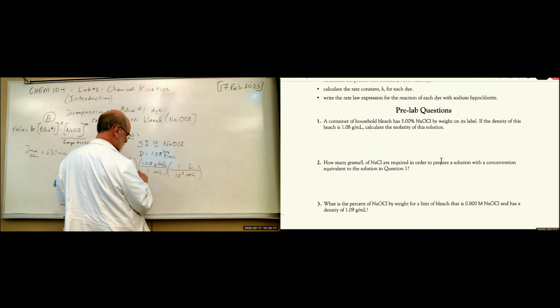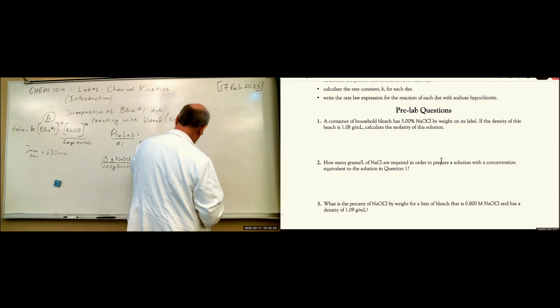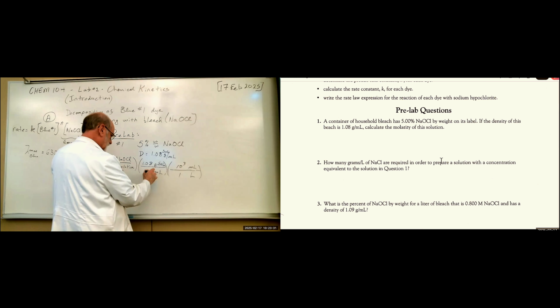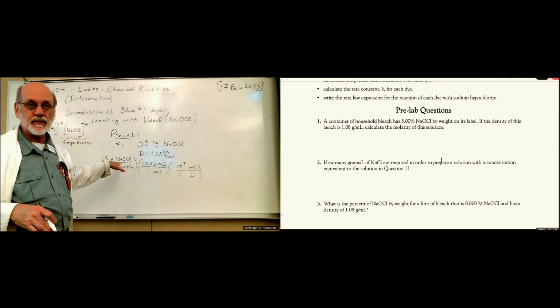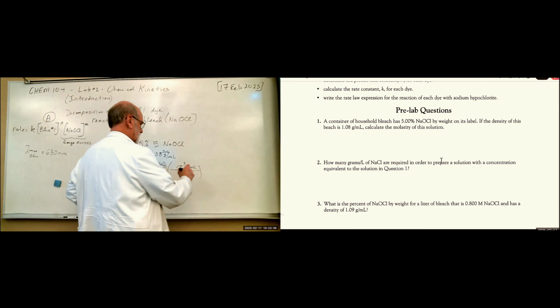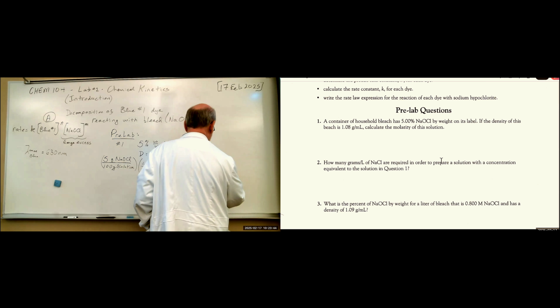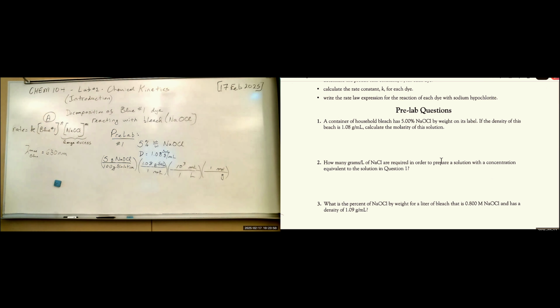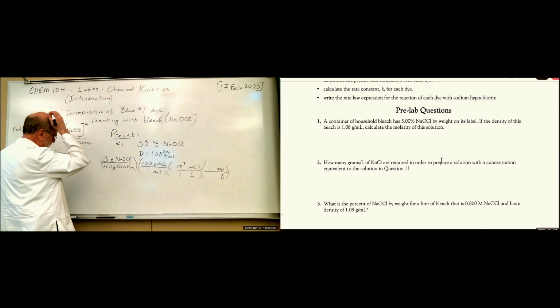Okay, so, my mistake. I had it right the first time. Liters is going to be in the denominator. There we go. So that cancels. Now we have per liter. Now we need to change grams of sodium hypochlorite to moles. And that always means molar mass. What's the molar mass of sodium hypochlorite? Well, sodium is 23.00 grams per mole.